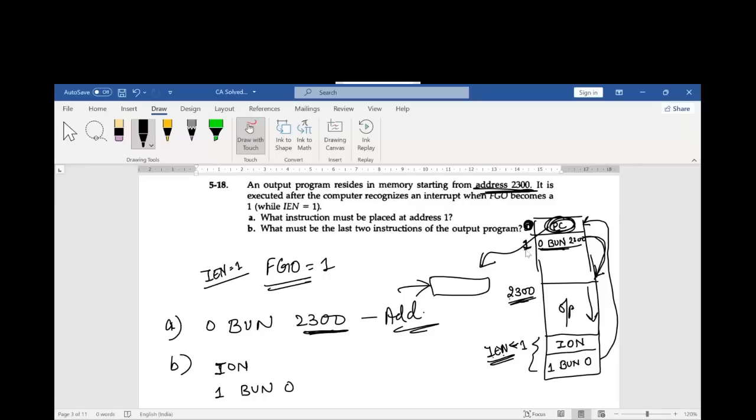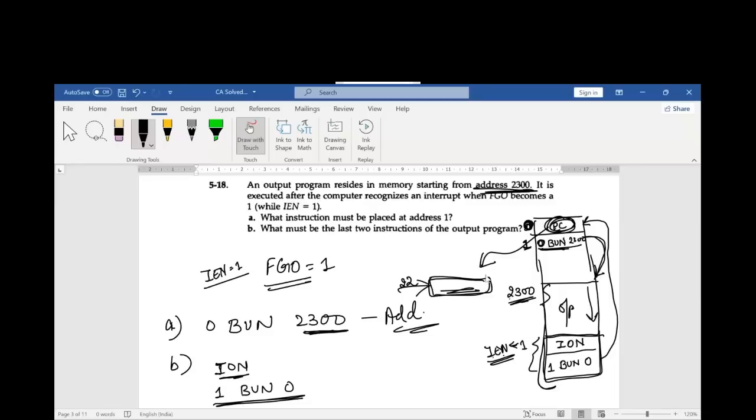So this is a direct jump to 2300. 2300 will have our output program, and the last two lines of the output program are these: we will first enable the IEN flag, and then we will make an indirect jump to location 0 where our PC is stored. Afterwards, whatever the value of PC is, suppose 22, it will jump back to this location and execute the normal instruction cycle.